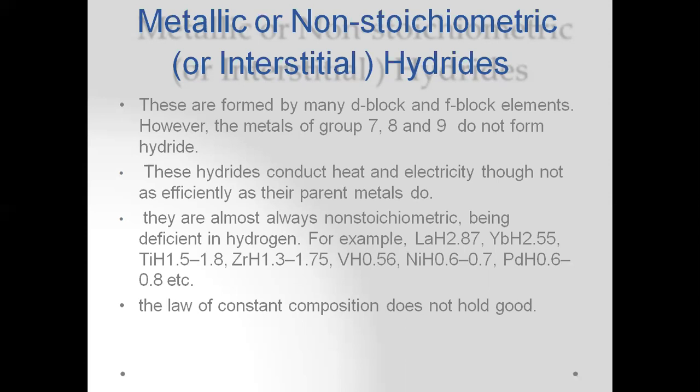They are almost always non-stoichiometric, with a deficiency of hydrogen, for example LaH2.87 and ZrH1.98. There are many such hydrides that are non-stoichiometric. The law of constant composition does not hold good.